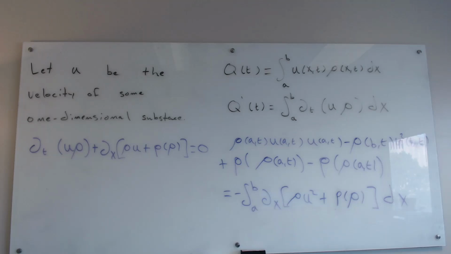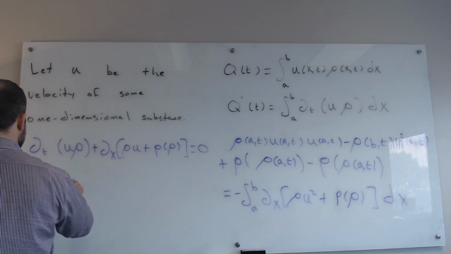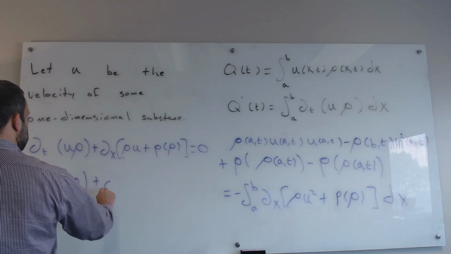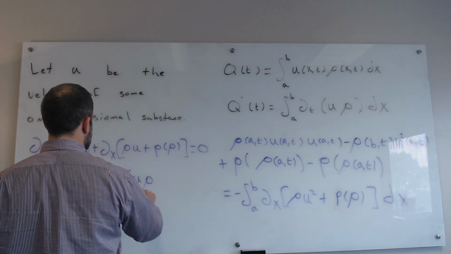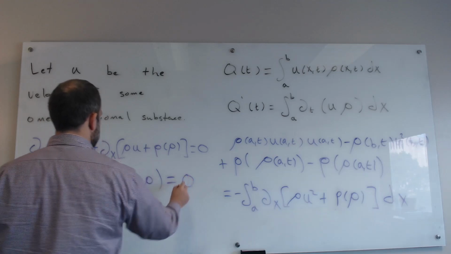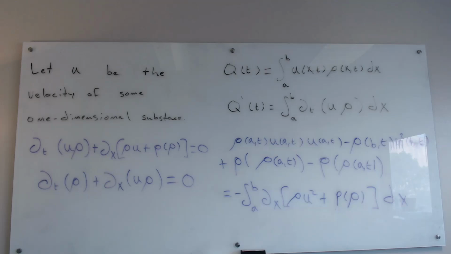Now, in addition to this, the quantity rho is also conserved, and we've seen different conservation laws that apply to this. This says that the t derivative of rho plus the x derivative of u rho is equal to 0. And now we have a system of two equations. So rho and u are unknown.